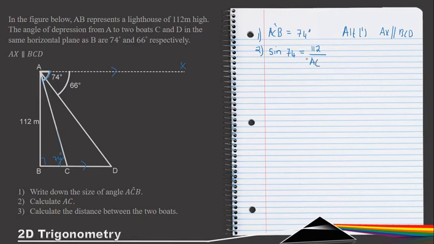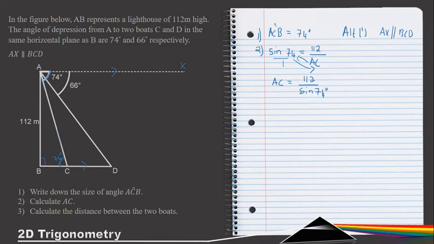Then to isolate AC, I'm going to use cross multiplication. I'm going to take AC up and bring this sine 74 down. So this will give me AC is equal to 112 over sine of 74 degrees.